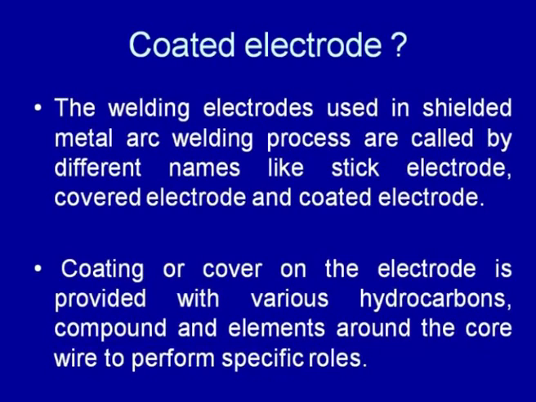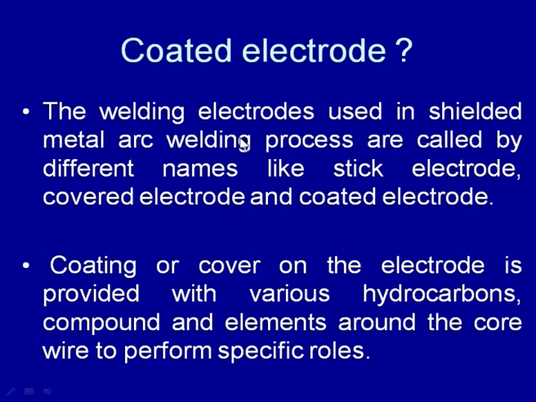Next, what are the ways, procedures and principles through which the shielded metal arc welding electrode is developed in order to produce weld joints which are reasonably good and of good acceptability? For this purpose, the electrode is made by providing the proper coating material around the core wire.